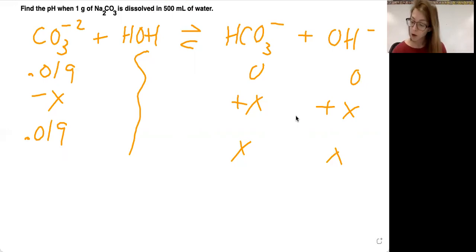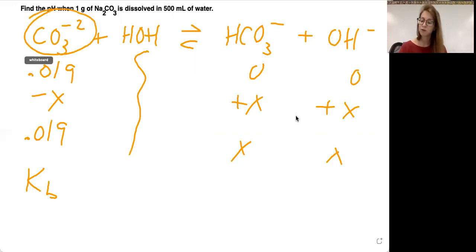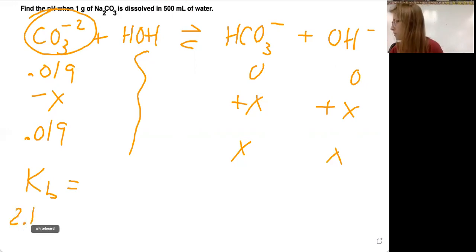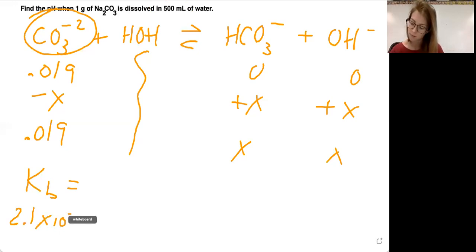When I'm doing a weak base problem, I want a Kb value, and I'm always looking for the value from the chart for whatever reactant is on the left, the CO3, not ever something from the right. So I go get the Kb for carbonate, bottom part of the chart, first column, a little more than halfway down. My Kb is 2.1 times 10 to the negative 4.